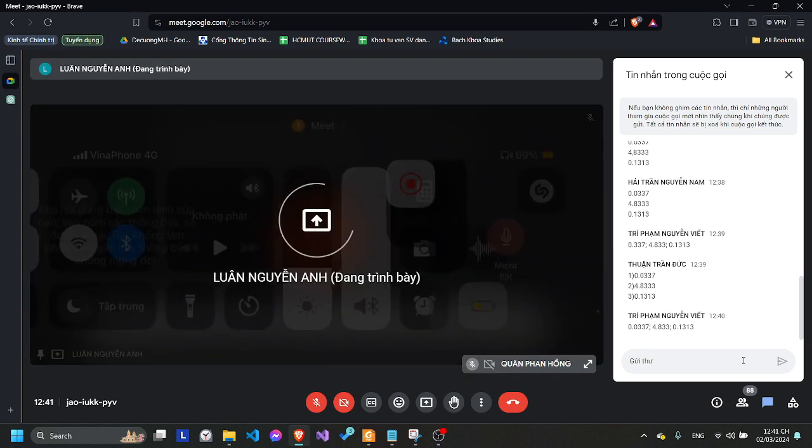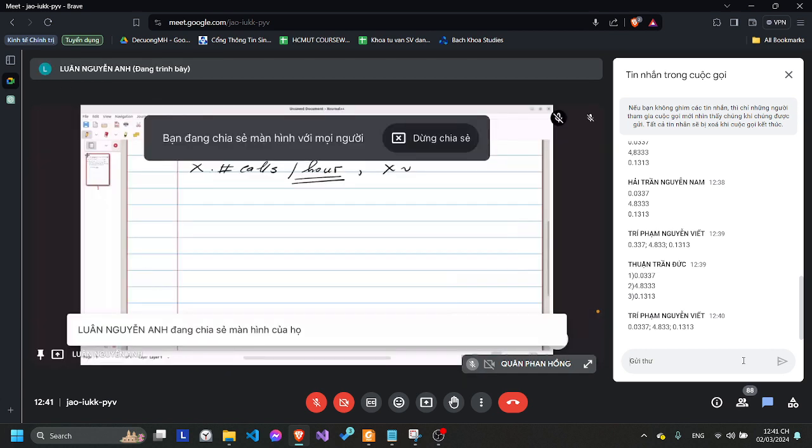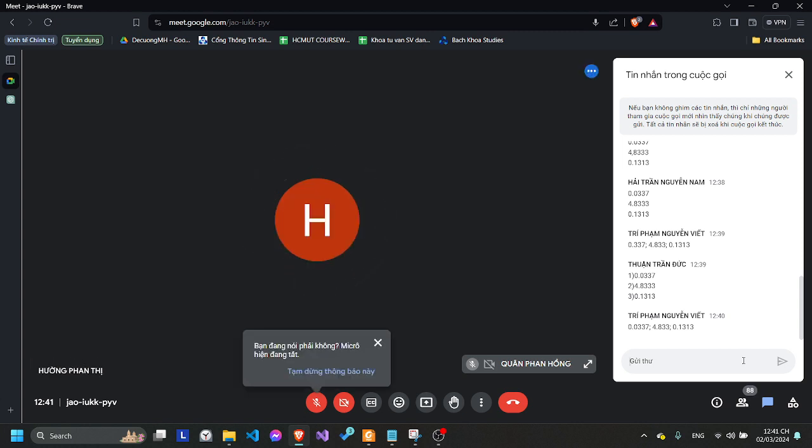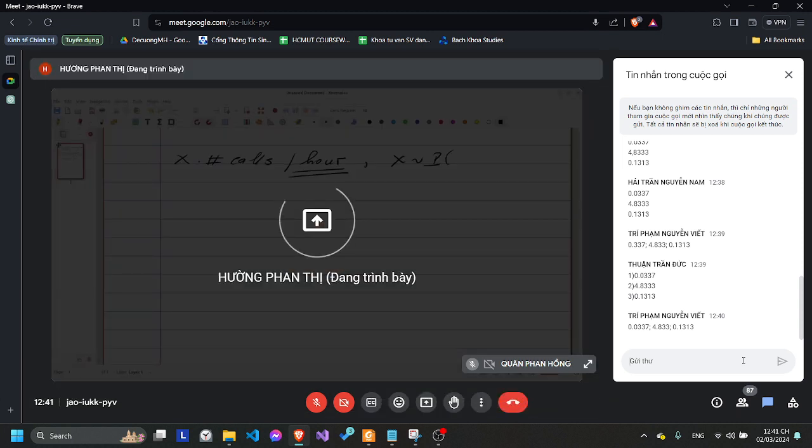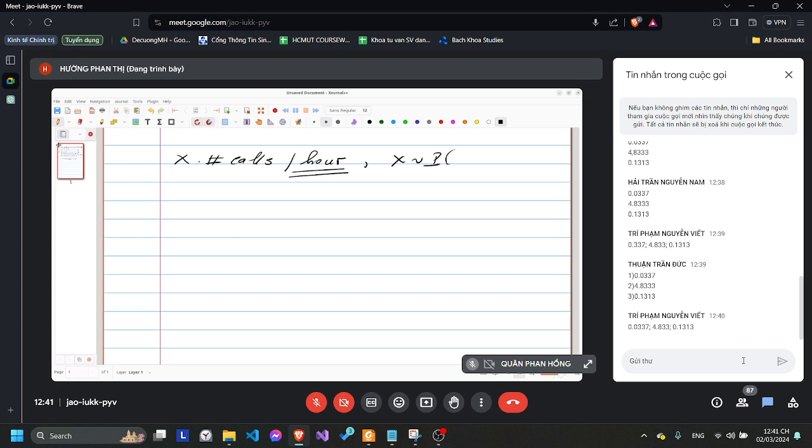It's written that S follows a Poisson distribution with the mean 29, so we rewrite 29.